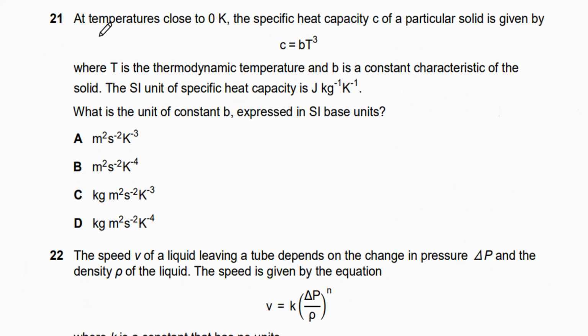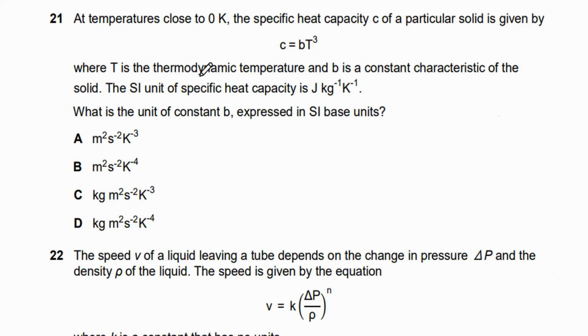Here it says, at temperatures close to 0 Kelvin, the specific heat capacity C of a particular solid is given by this equation. C equals B times T to the power 3, where T is the thermodynamic temperature.